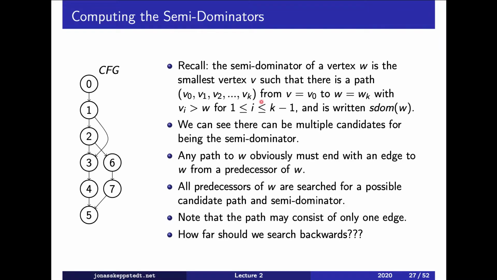Obviously we have to search from the predecessors and upwards, and the question is, how far should we search? And more practically, how can we stop the search from going all the way to the start vertex?